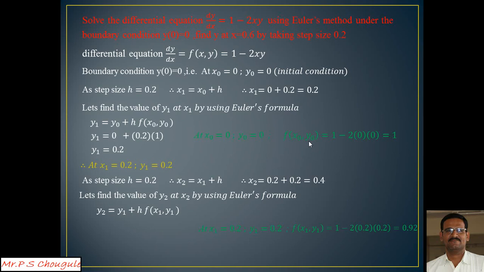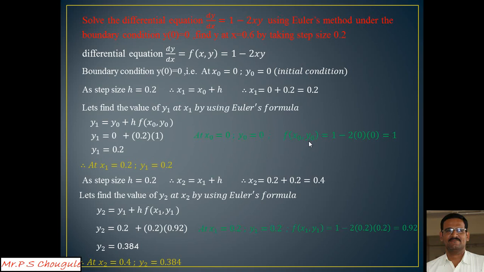We need to put all this information in the formula so that I get the value of y2, which is equal to 0.384. That means at x2 equal to 0.4, y2 is equal to 0.384.